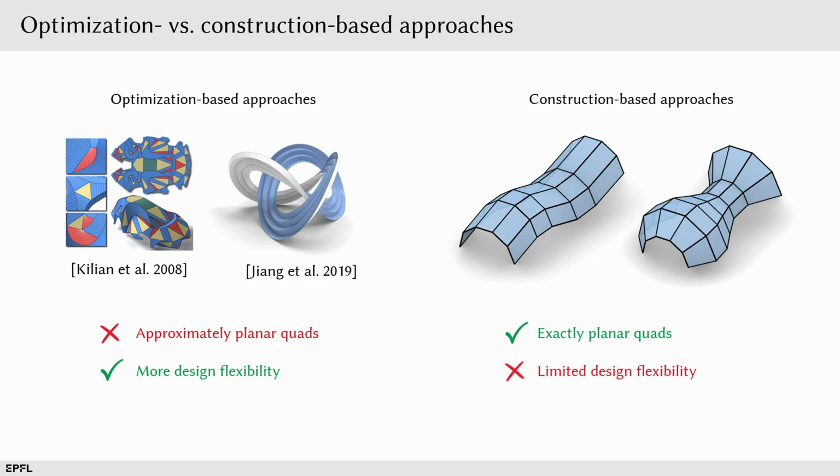However, they offer considerably greater design freedom and can accommodate a wide range of constraints and objectives. Moreover, constructive methods naturally support one-dimensional refinement, making them particularly attractive for multi-scale modeling and fabrication-oriented applications. A natural question is then how to increase the design flexibility of constructive approaches while preserving the other beneficial properties that they provide.